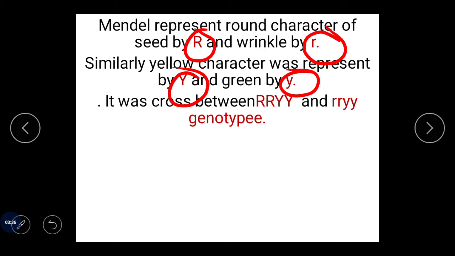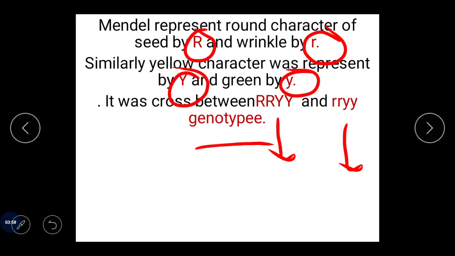So Mendel took 2 plants, one plant with round and yellow seeds and another plant with green and wrinkled seeds. This was their genetic makeup, capital R, capital R, capital Y, capital Y and small r, small r, small y, small y.